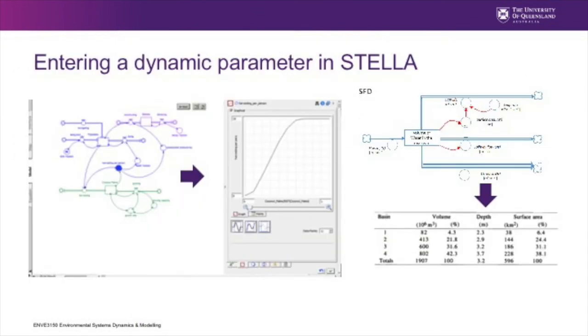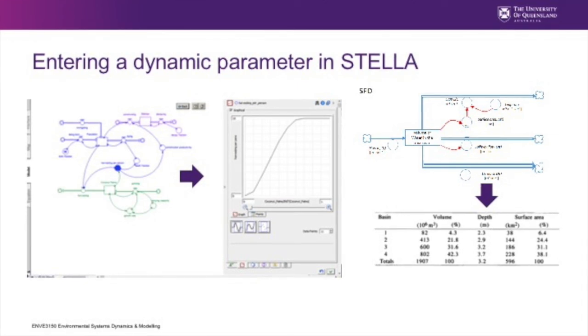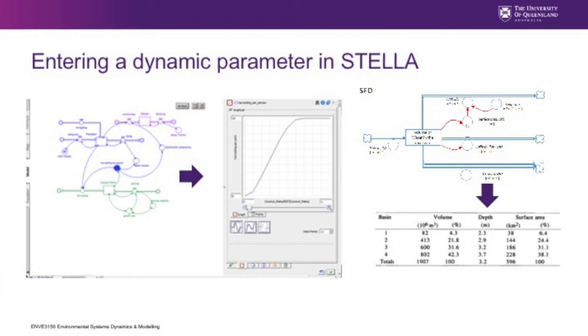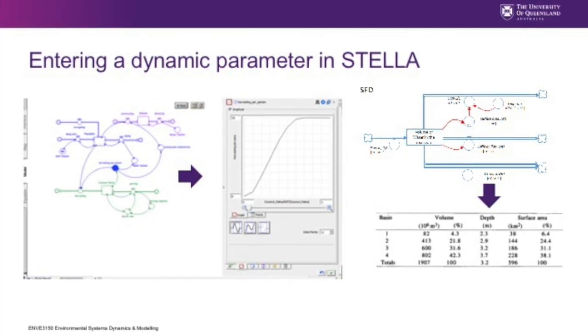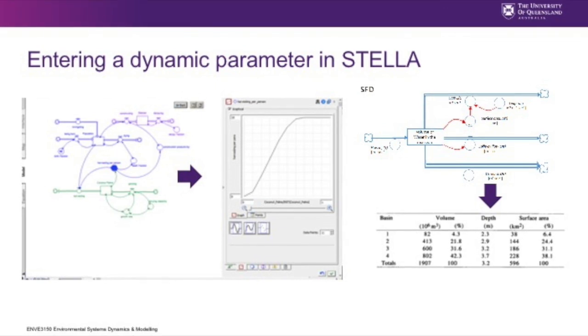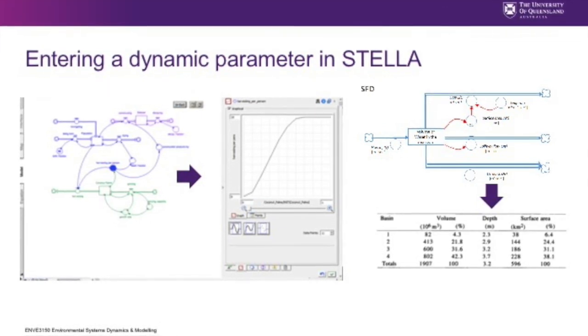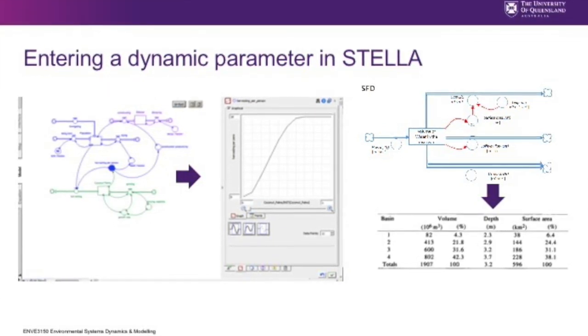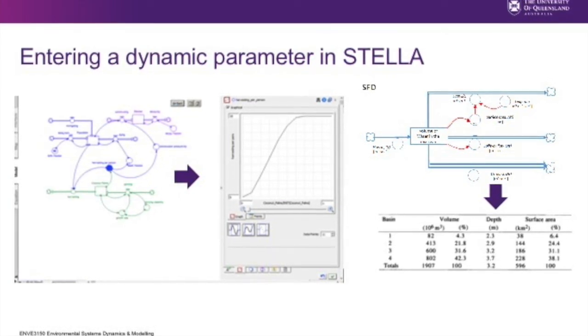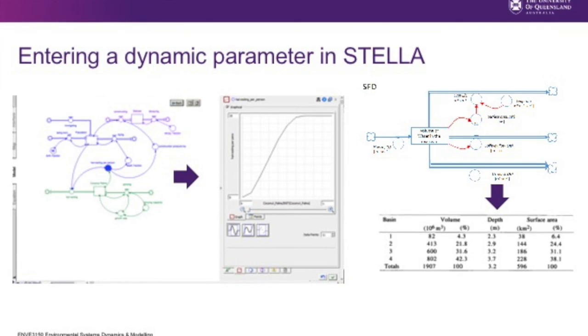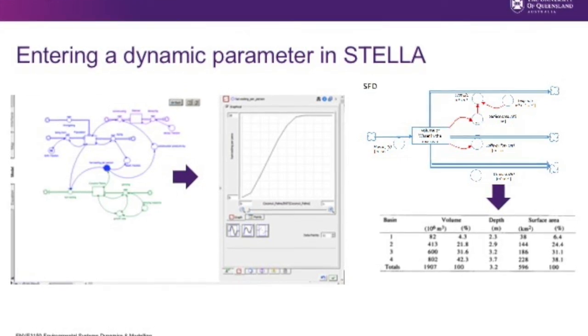This will be the case of the example of the Easter Island, where we have harvesting per person, and this is described in a graphical mode, where we have harvesting per person as a function of coconut palms, also divided by the initial amount of coconut palms. So we can have graphics and we can also have table inputs on STELLA.